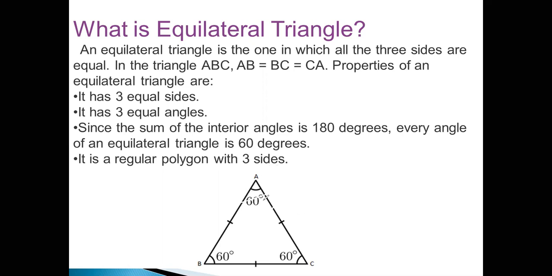So in this given figure ABC, how many sides are there? Three sides: AB, BC, and CA. And three angles: angle A, angle B, and angle C.